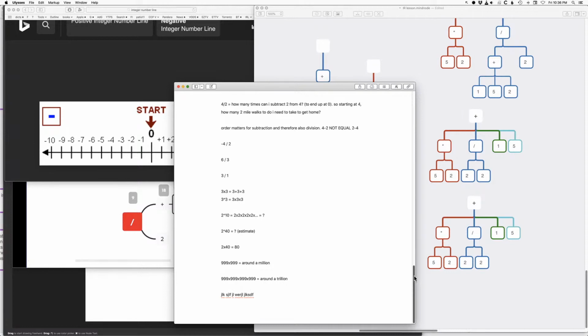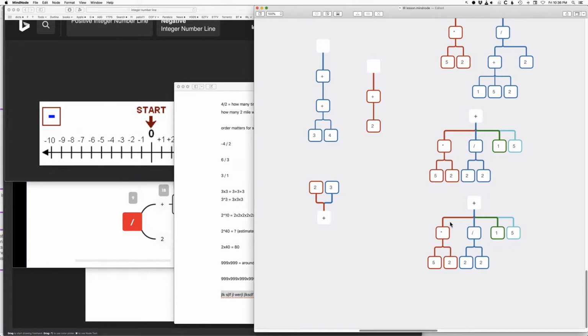And English writing is also similar. When you write out a sentence, it's not really just a bunch of stuff in order. It is really a tree where different things are grouped together in different ways, and there are parents and children. But how do you know which words are parents and children of which other words? There are two things to tell you. There are the rules of grammar, which are like order of operations, and there are punctuation marks, including literal parentheses, but also commas, which are kind of similar.